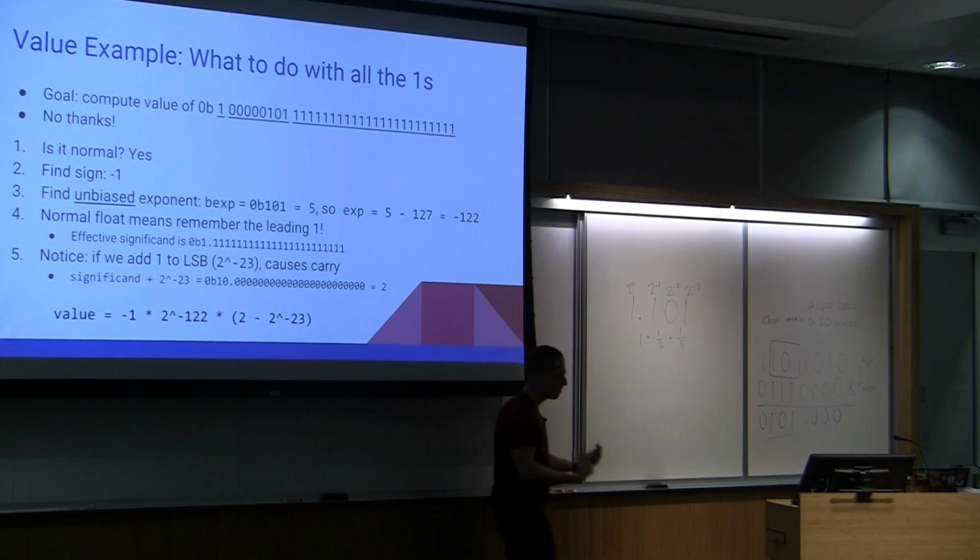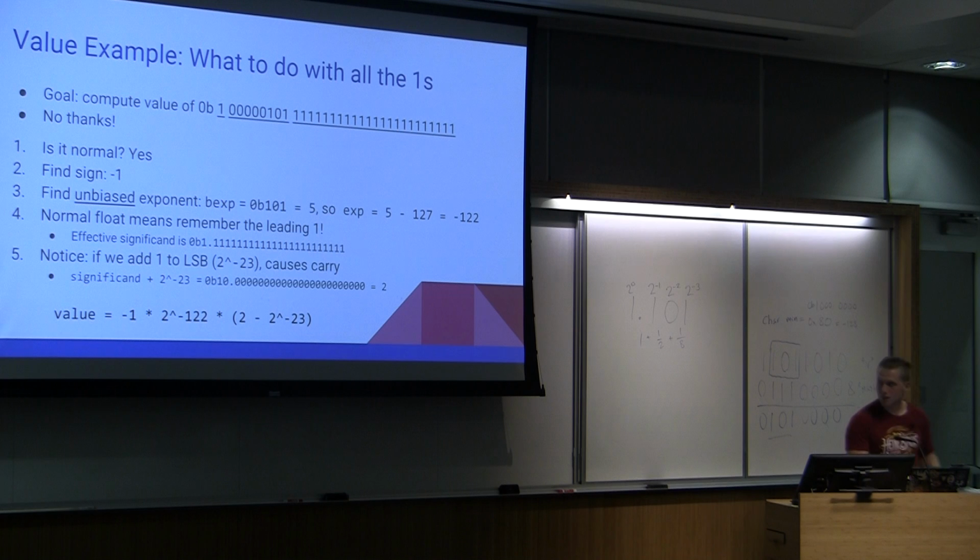So now when I want to compute the final value of my number, I know my significand is 2 to the negative 23rd less than the number 2, because to get to this nice number, I added 2 to the negative 23rd. Then I write my exponent term, which is 2 to the negative 122.